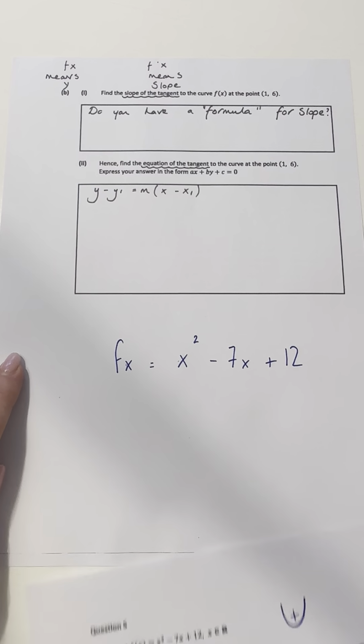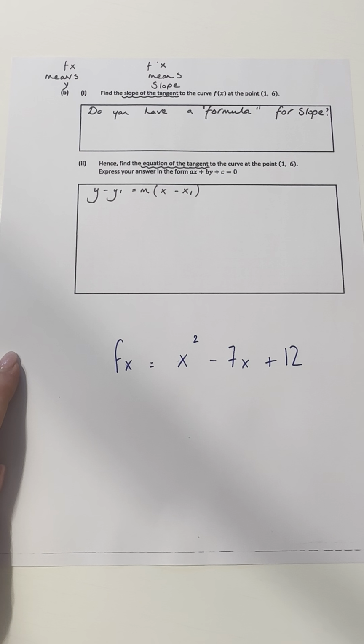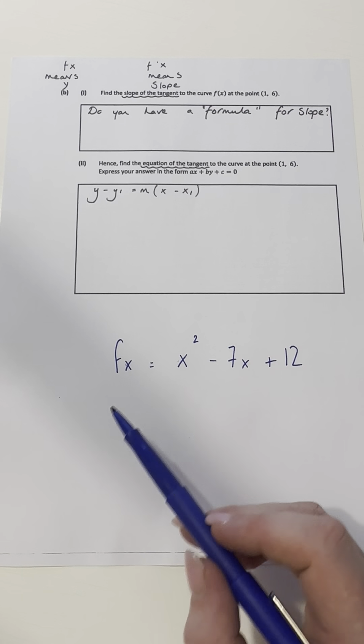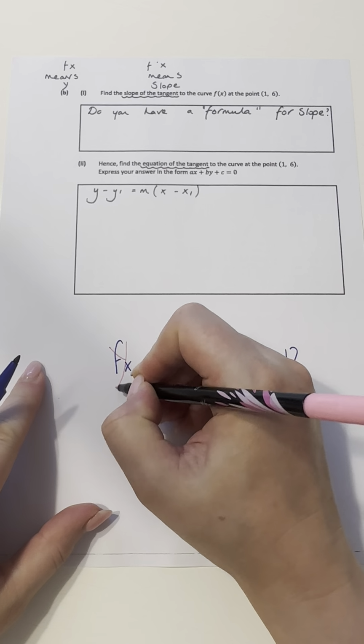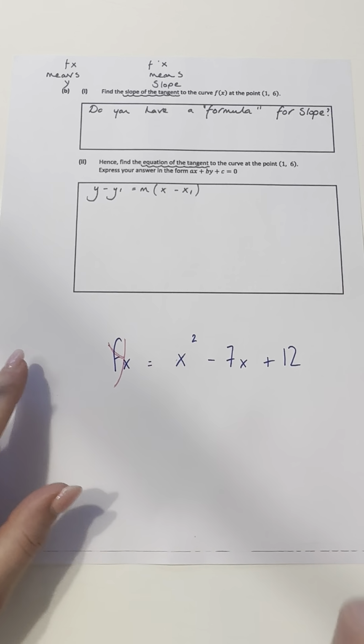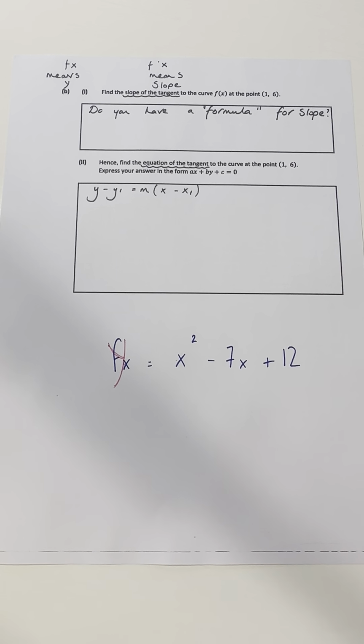So I'm just bringing that forward there so we don't have to keep flicking over and back. Now, just as a little reminder, f of x, that symbol there, or if you got g of x or h of x or any of those, that really means y.